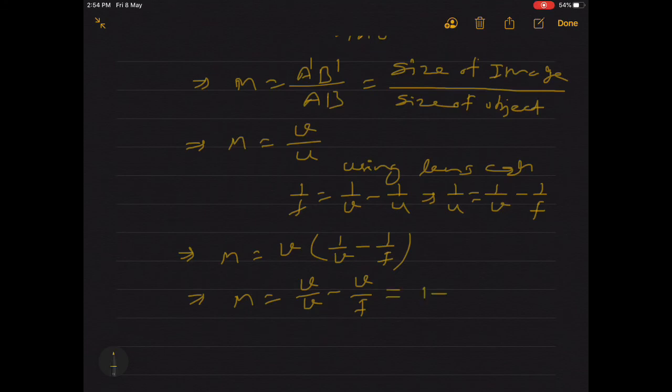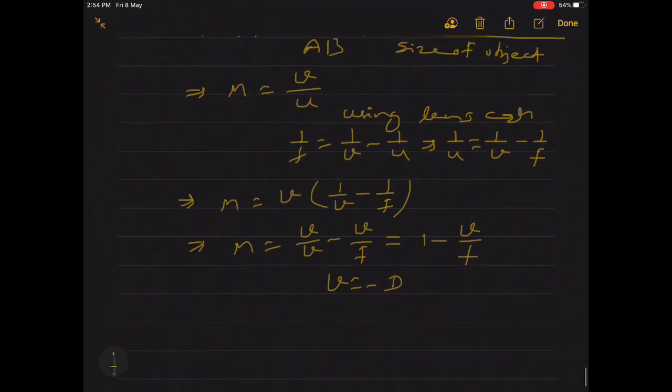That can be written as 1 minus v upon f, and here v is equal to minus D, and D is 25 centimeter. You know very well, this 25 centimeter is denoted by capital D. So m is equal to 1 plus D upon f.